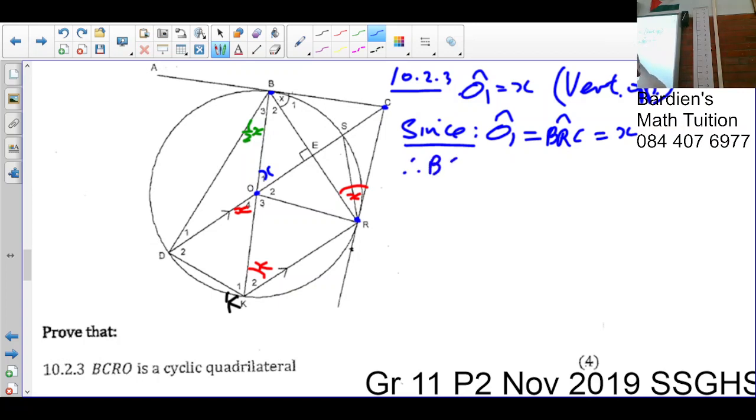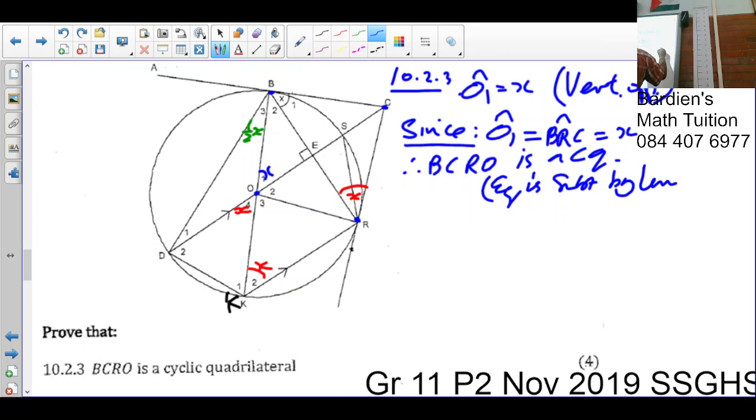Therefore, BCRO is a cyclic quad. Why? Because you can write the converse of angles in the same segment, or equal angles subtended by line BC, or by chord BC, it doesn't matter. So all cyclic quadrilateral properties are now evident in that shape.